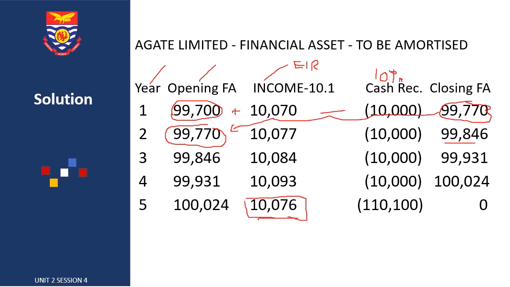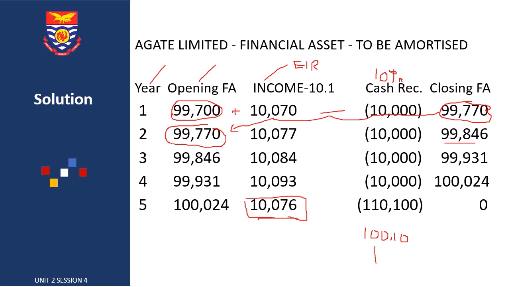Adum Limited will pay Agate Limited the principal and the interest. Now we were told in the question that at the end of the 5th year, he is going to pay an amount of 100,100 cedis. So this is the amount he's going to pay. Aside from this, he's going to pay the interest for this year, which is the coupon amount of 10,000.